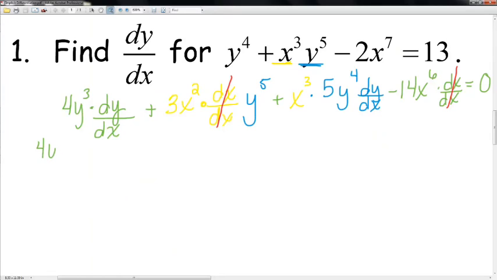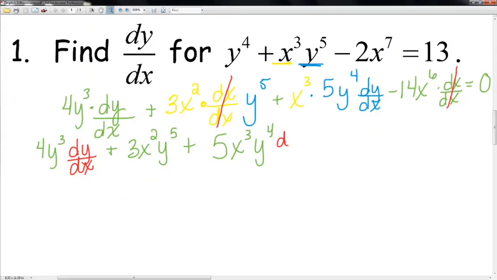is 4y to the 3rd, and I'm going to highlight my dy/dx in red, dy/dx, plus 3x squared y to the 5th, plus, I'm going to move my coefficient in the front, 5x to the 3rd y to the 4th dy/dx, minus 14x to the 6th, and set that equal to 0.